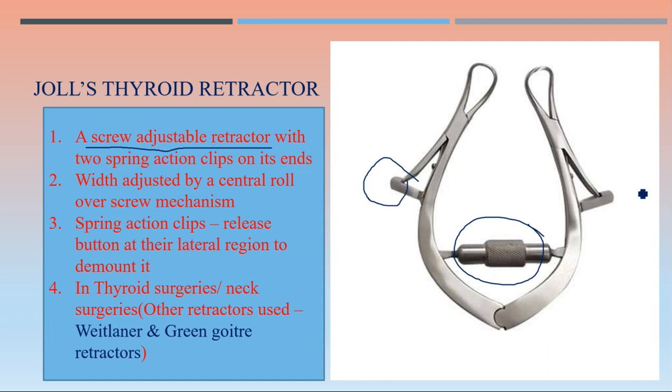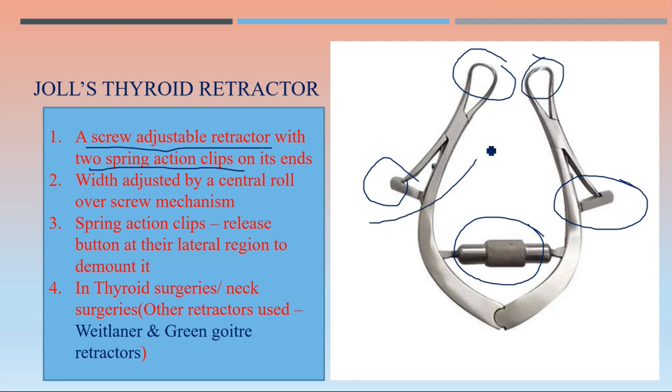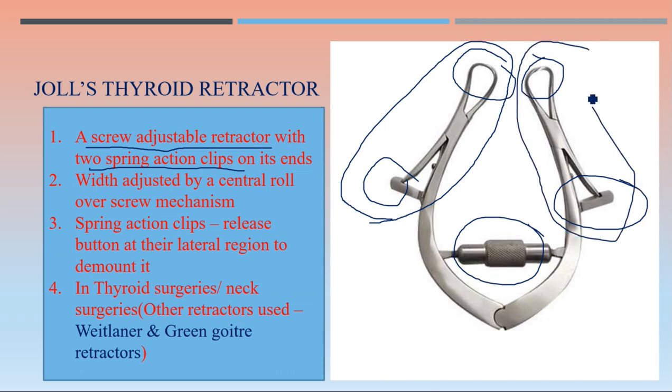The screw adjustable retractor is this one with two spring action clips on its end. Here you can see the spring action clips. If you divide this instrument, the first spring action is at the tip and here is the second one, right? And here is the screw adjustable.